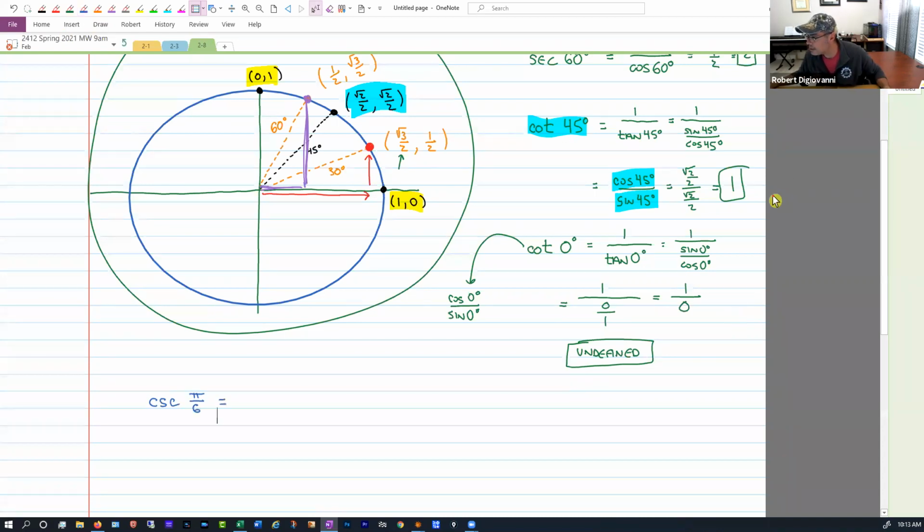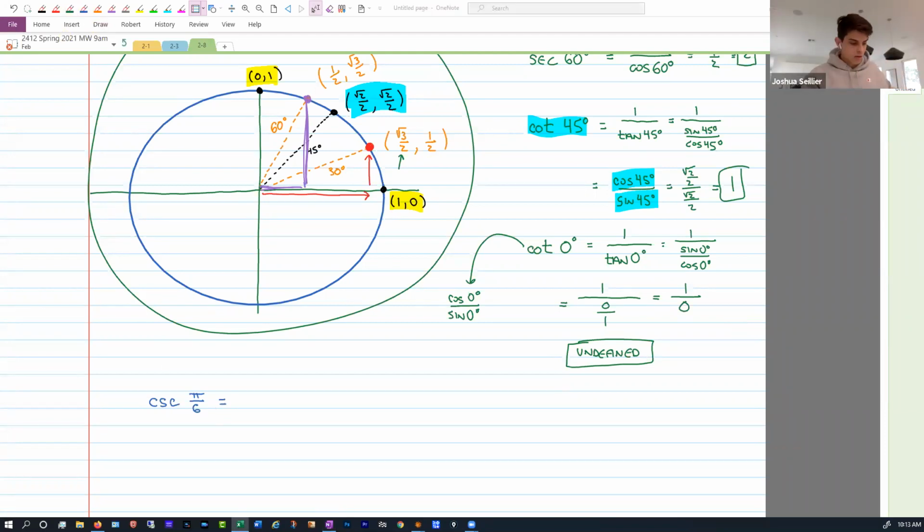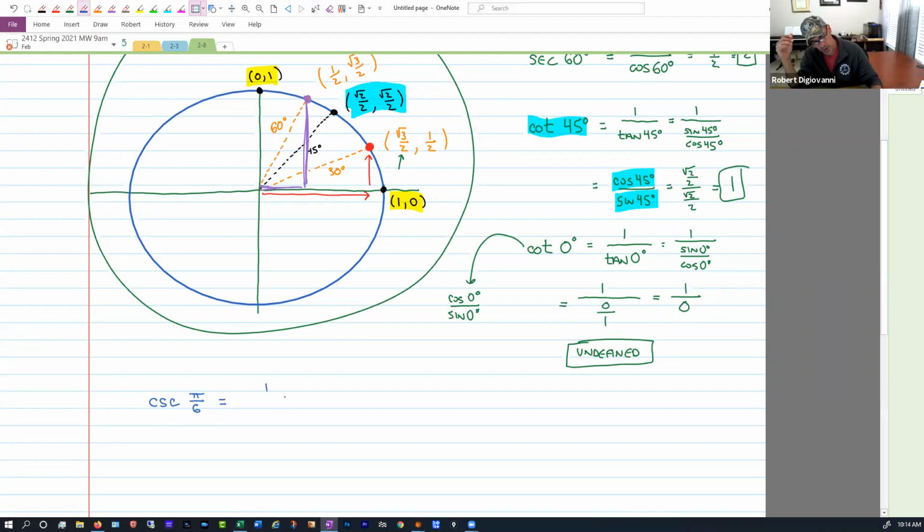And this will be Joshua. Yes, sir. Okay, cosecant. So cosecant is the reciprocal of what trig function? Sine or cosine? It is sine. So we go 1 over sine of pi over 6.